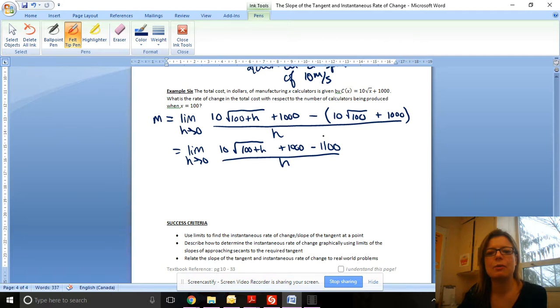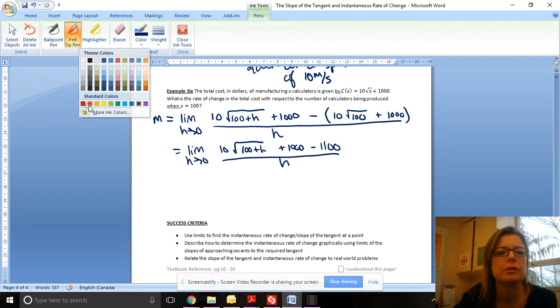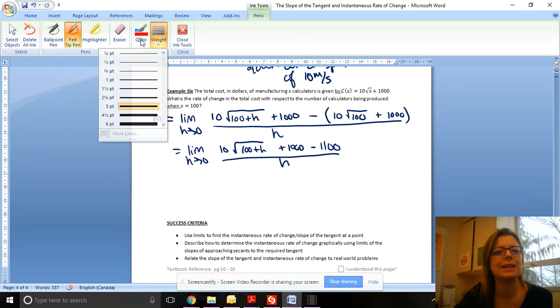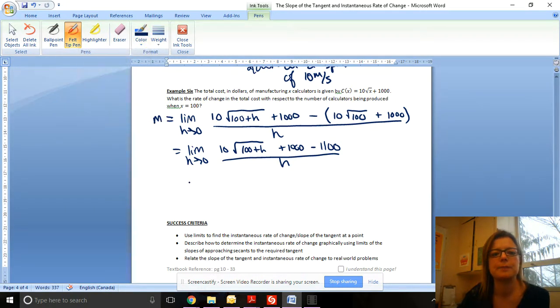Okay, so now we need to multiply by the conjugate since we have a square root. So that indicates that we need to use the conjugate. But first we can simplify this 1,000 minus 1,100 to make our job a little bit easier before we use the conjugate. There's actually one more step we can do here. So you get 10 root 100 plus h minus 100 all over h.